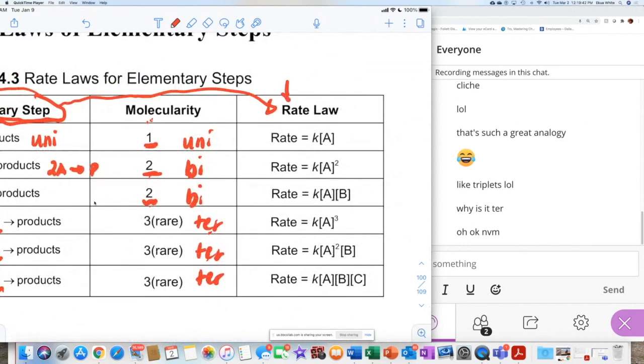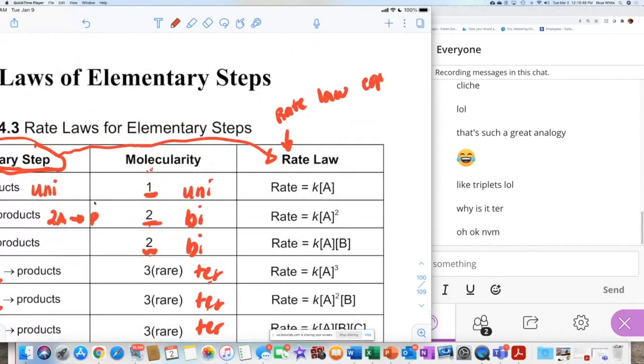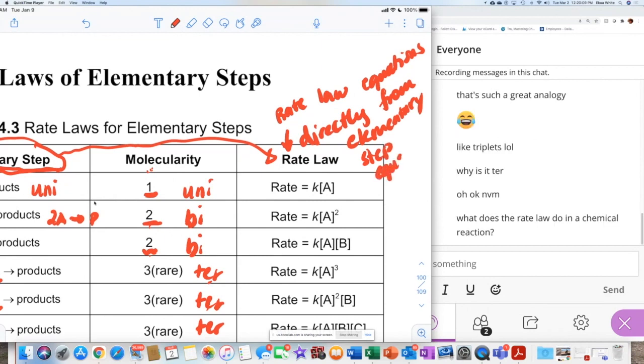So these are, right here, rate law equations directly from elementary step equations.